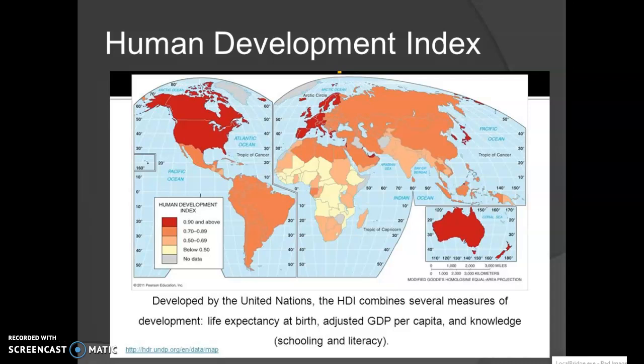One of the things I want you to notice in this map is where our core countries are. They are almost exclusively on the north side of the equator, right? So when you join the core, you are typically in the northern hemisphere. The exceptions, of course, are Australia and New Zealand.